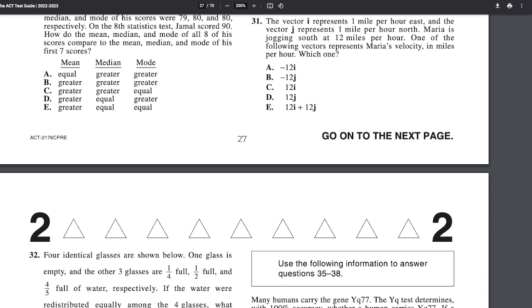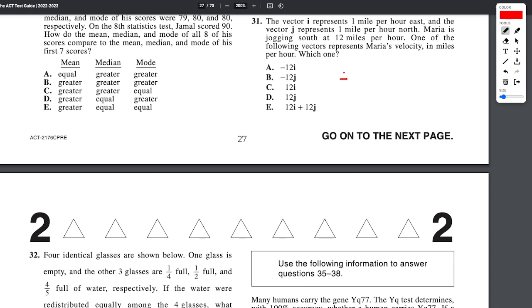31. Vector I represents 1 mile per hour east, and vector J represents 1 mile per hour north. So this one says Maria is jogging south at 12 miles per hour. One of the following vectors represents her velocity. Which one? You don't need to know physics for this problem. So she's going south at 12.